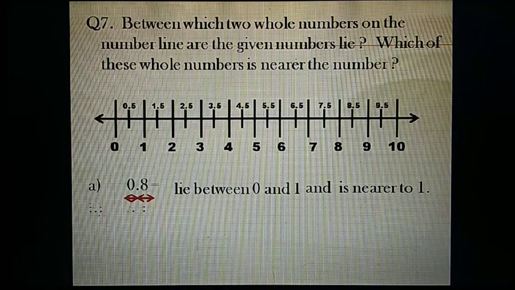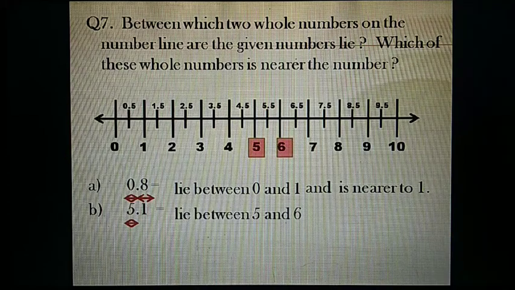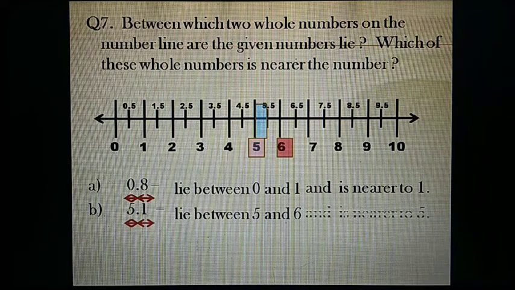Your next number is 5.1. Here the whole number is 5. It will lie between 5 and 6. The decimal part is 0.1. So it will come between 5 and 5.5. And yes, it is nearer to 5 here.